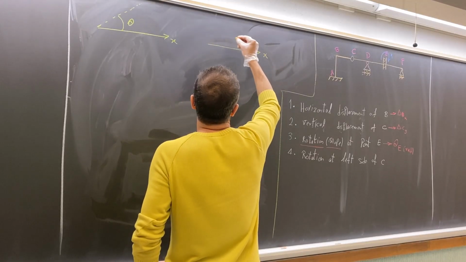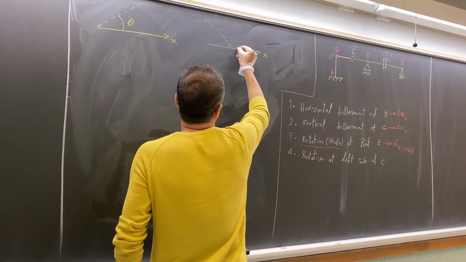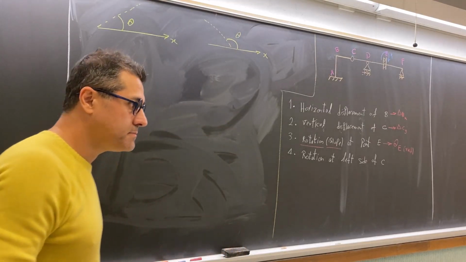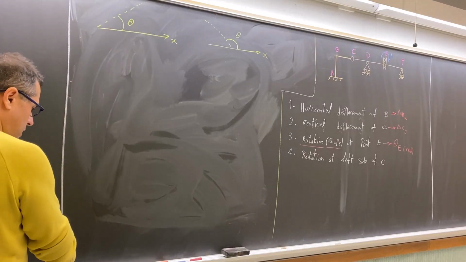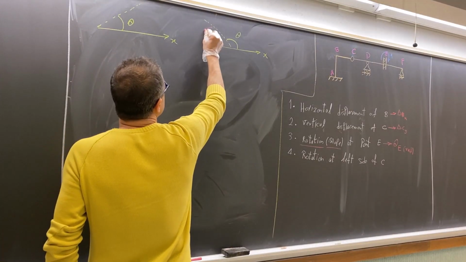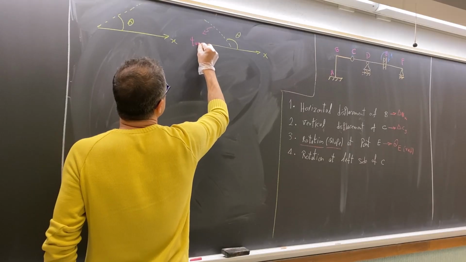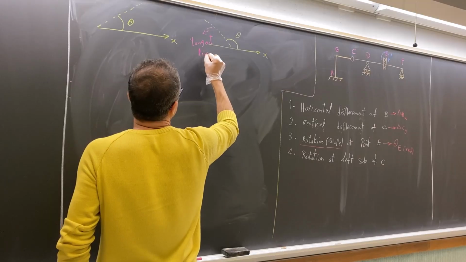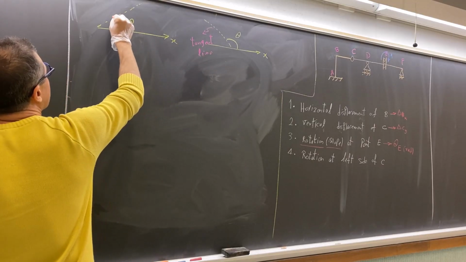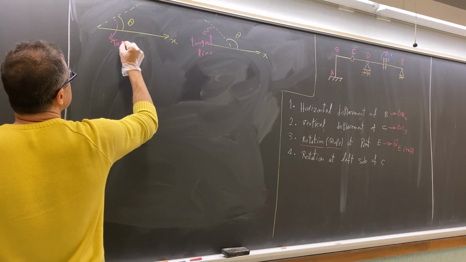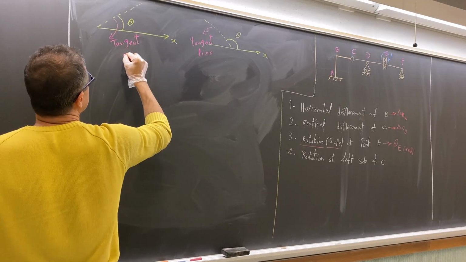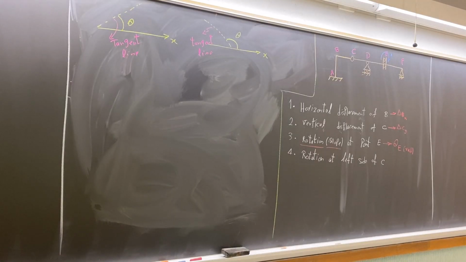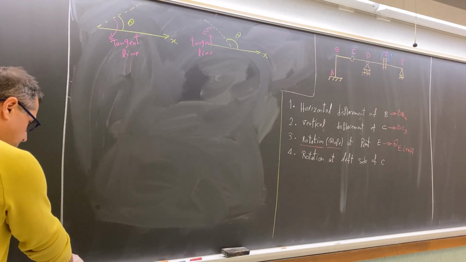When you draw that tangent line, the angle could be more than 180. So what is this dashed line? This is the tangent line drawn to the point on the deflection shape of the structure.